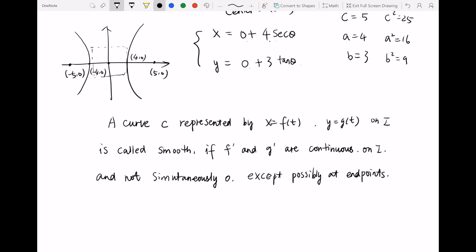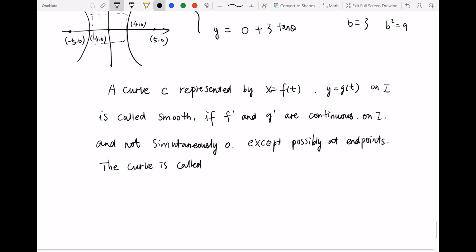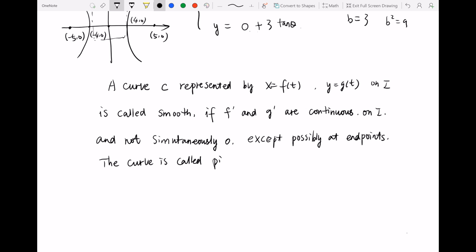Okay, so a curve is called piecewise smooth. Piecewise means it's in pieces, okay, but it's smooth on one piece, smooth on another piece. So it's piecewise.